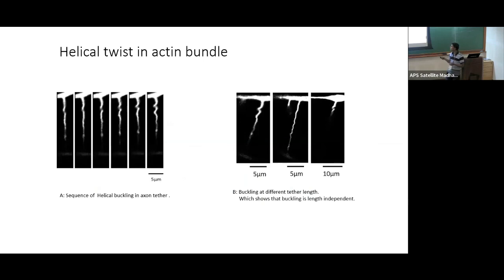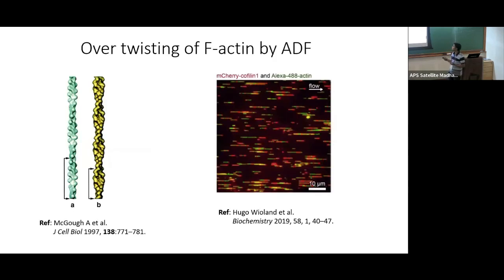And one more thing we see in the experiment is that while there is force being generated, we see a helical twist happening in the tube, which gives us a hint that there might be some torsional force involved. There is a protein called actin depolymerizing factor, which can bind to actin and change the pitch length of actin.